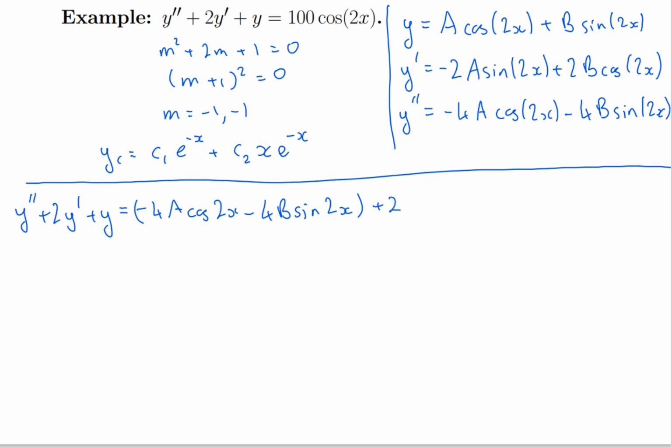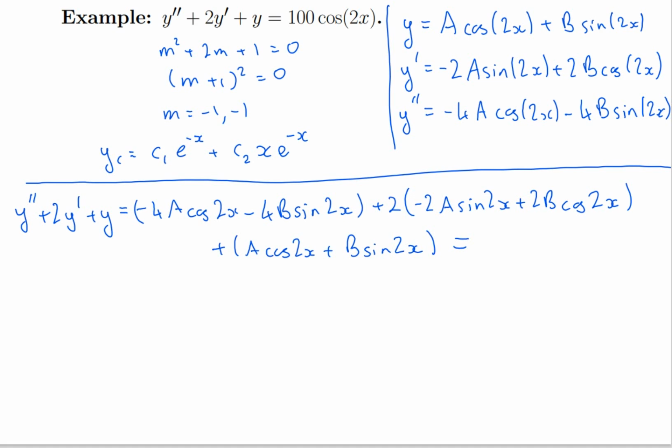Plus 2 times y prime, negative 2a sine 2x plus 2b cos 2x, plus y, plus a cos 2x plus b sine 2x, all has to equal the original right hand side from the differential equation, 100 cos 2x.